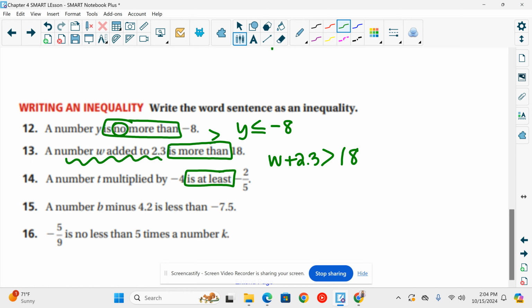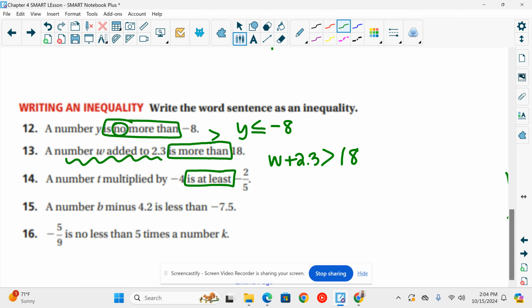Look up at the top of the chart on your paper. Is at least, Kaylee? The minimum one, which is what? What sign? Marvion? Greater than or equal to.